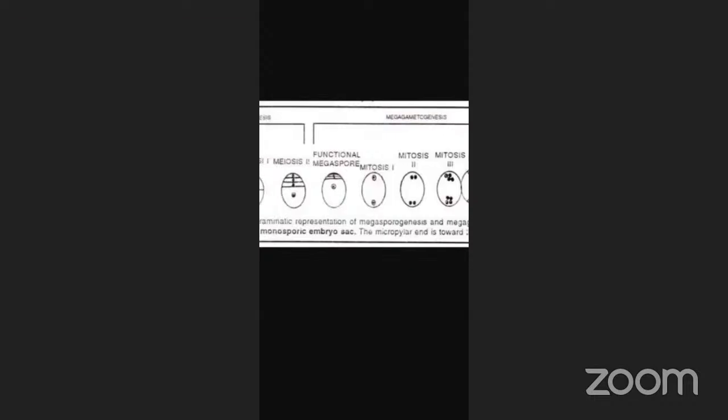So the next one is the Penaea type, reported in Sarcocolla. Here, the nucleus of the coenomegaspore takes on a tetrapolar arrangement and divides twice to form a 16 nucleate embryo sac.